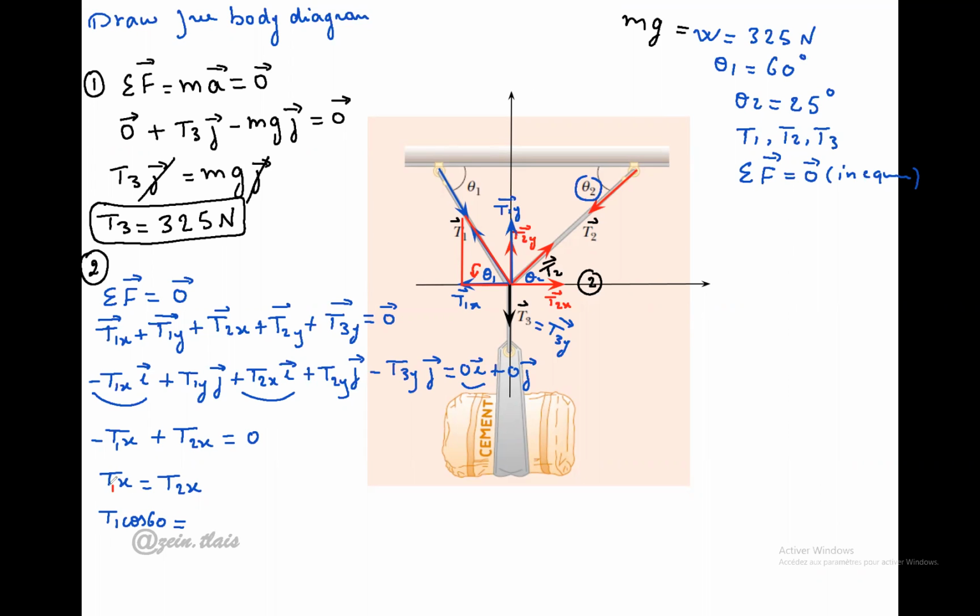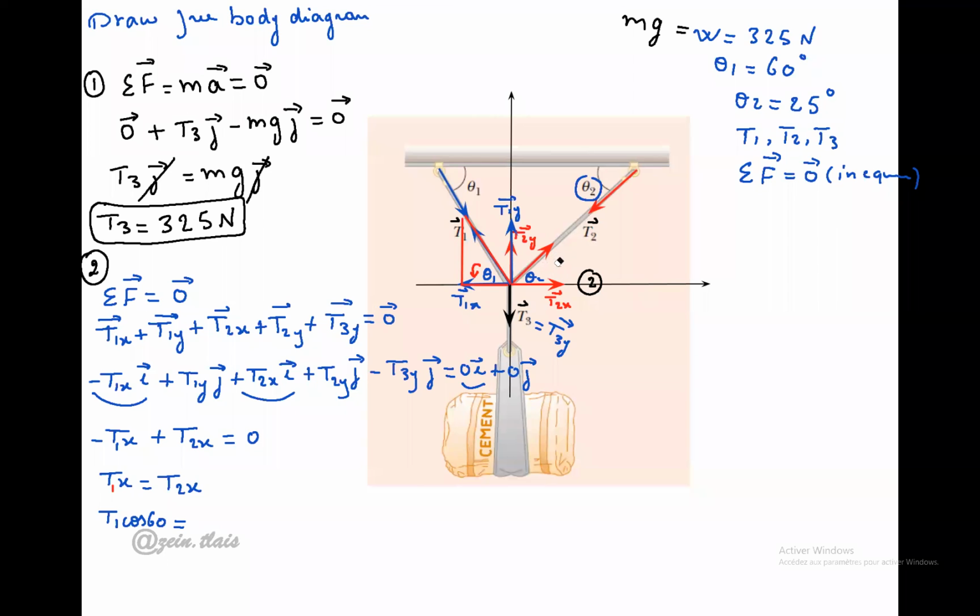If you put T2x on this side, you will get minus minus, and we get this relation: T1 cosine theta 1 equals T2x.